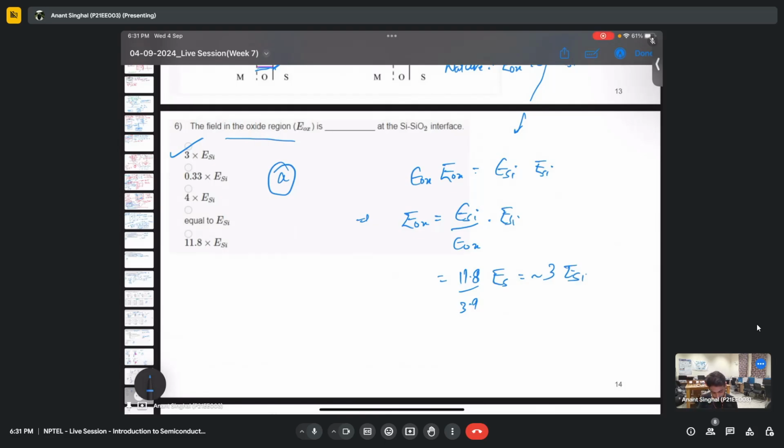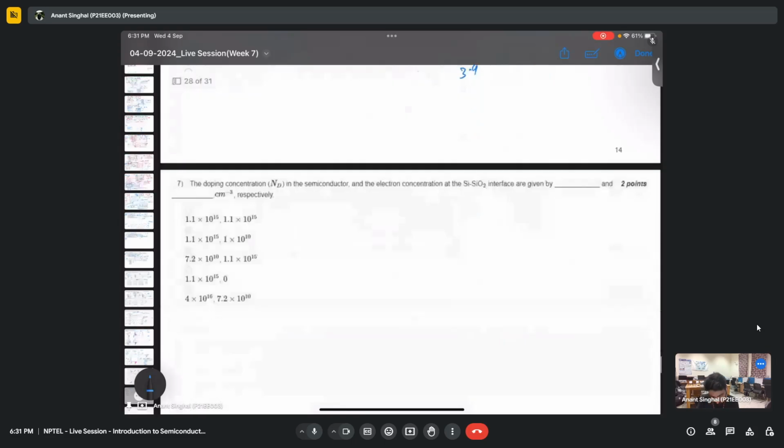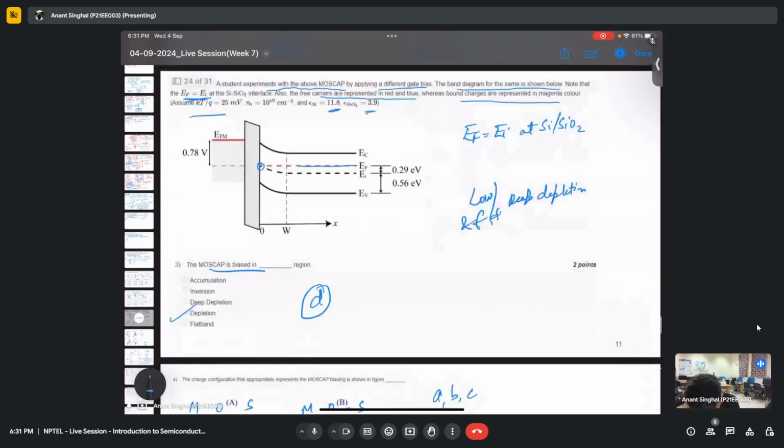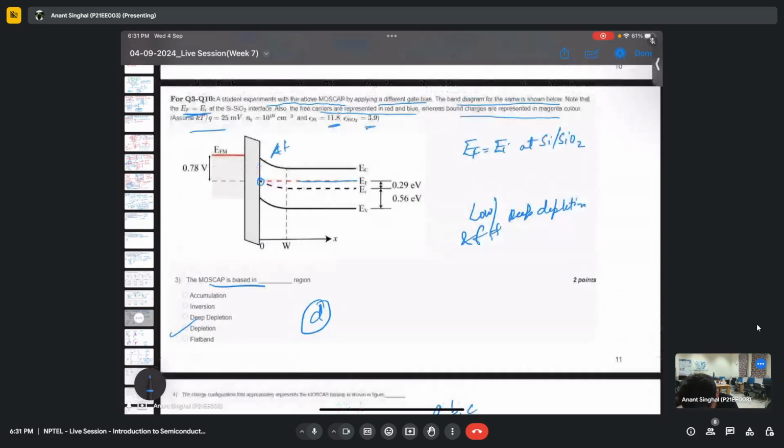Okay, sir. Yeah. So let's move ahead. Now it is asking: the doping concentration in the semiconductor and the electron concentration at the interface are given by. So it is asking at the interface first of all, and in the semiconductor. Please let me know the doping concentration. Verbally, you can tell me first of all the concept of what it should be.